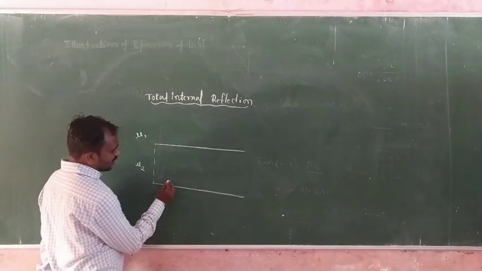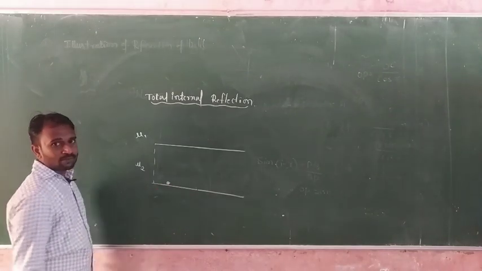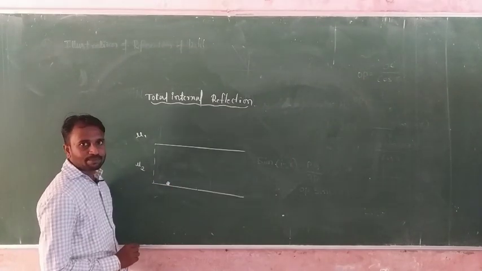And here this one is an object, or a source of light, placed in the denser medium.